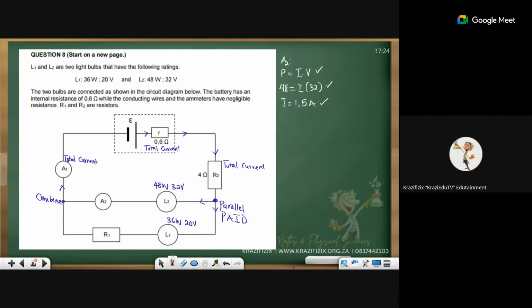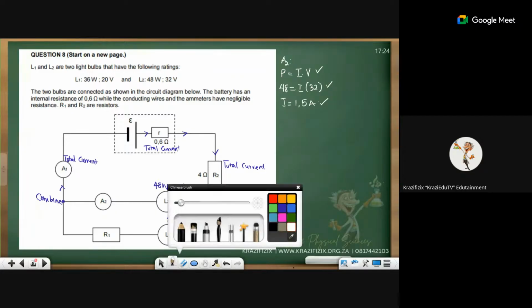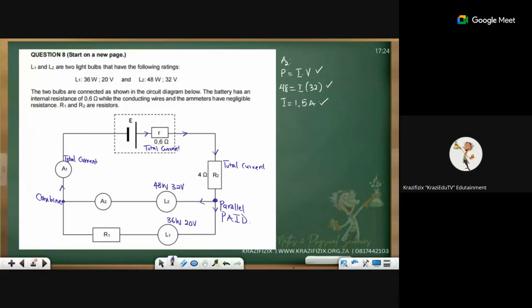So the amount of current that passes through, say, L1 is the same amount that passes through R1. The current that passes through here, let's call this I1, will be I1. Why? Series are potential dividers, but current is the same.